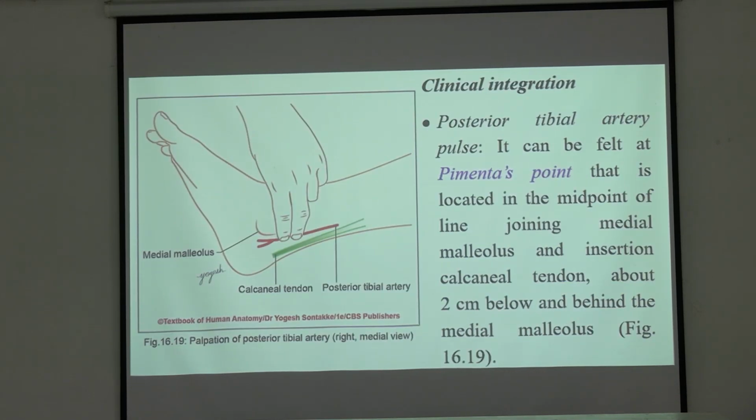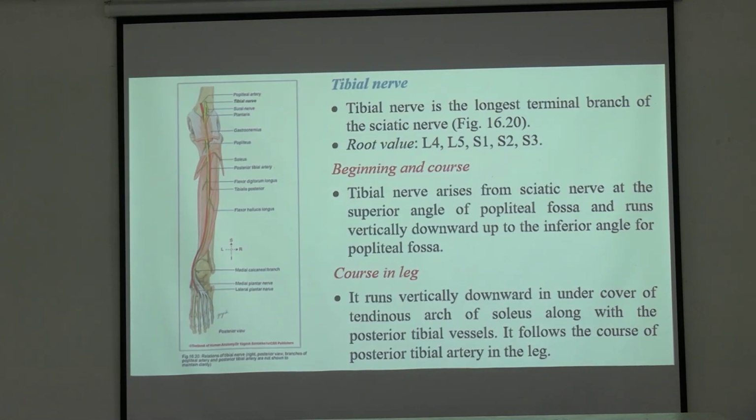You can feel the pulse, posterior tibial pulse, in between the tendocalcaneus and the medial malleolus. If you press, you can feel the pulsation, that is the pulsation of the posterior tibial artery. You can see that nerve and the artery.